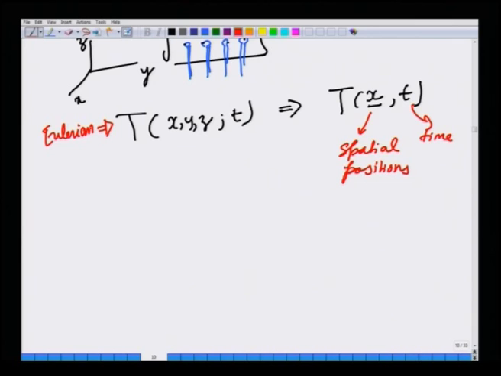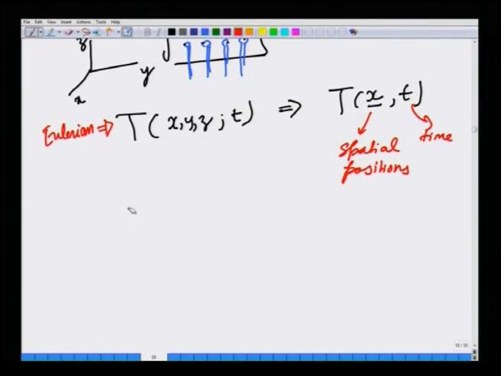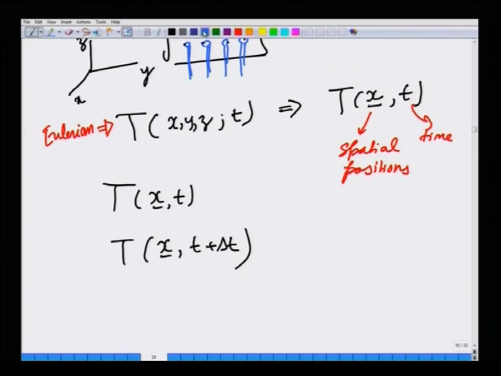By the nature of the description, we lose the notion of historical information. Suppose you have a flow, and you measure temperature at a fixed point x using a thermometer.